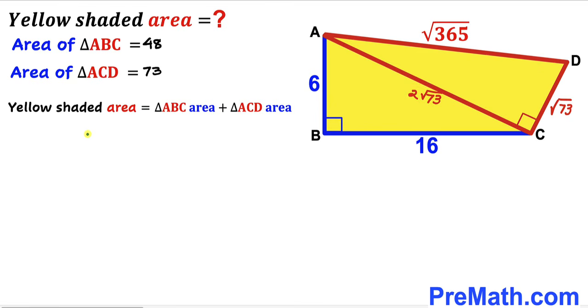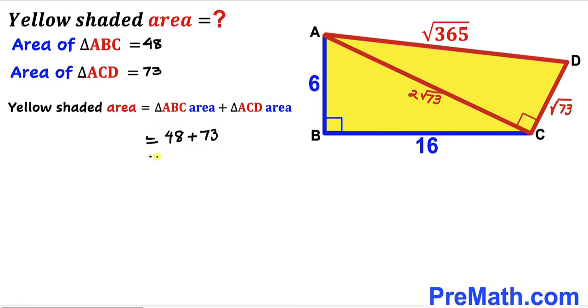And here's our final step. Let's recall this equation once again: the yellow shaded area equals the area of triangle ABC plus the area of triangle ACD. We figured out triangle ABC area as 48, whereas the area of triangle ACD is 73. So we get 48 plus 73.